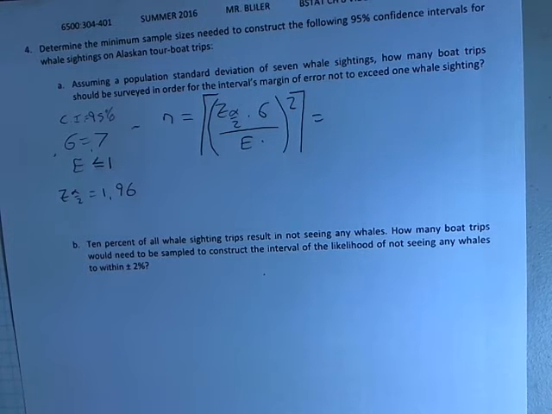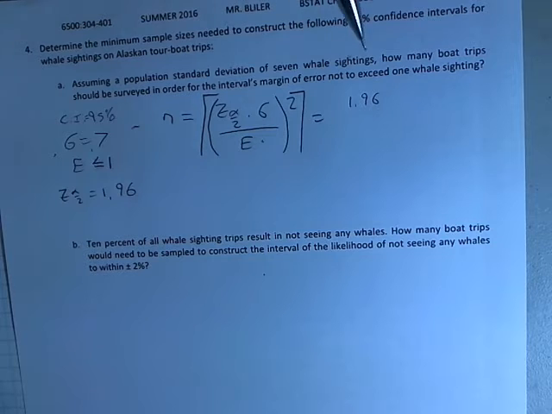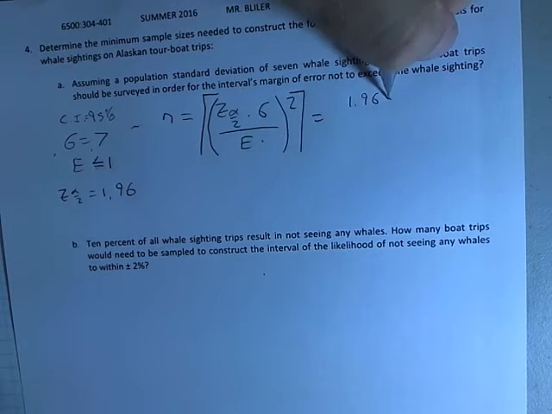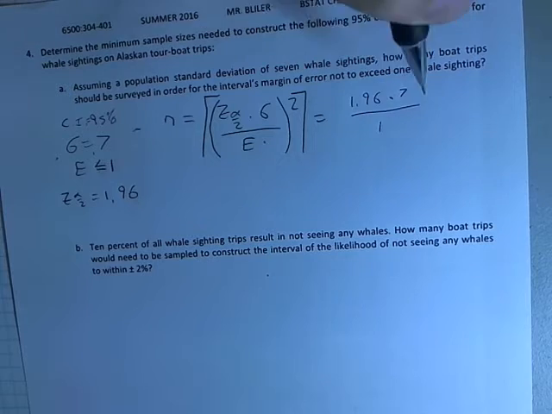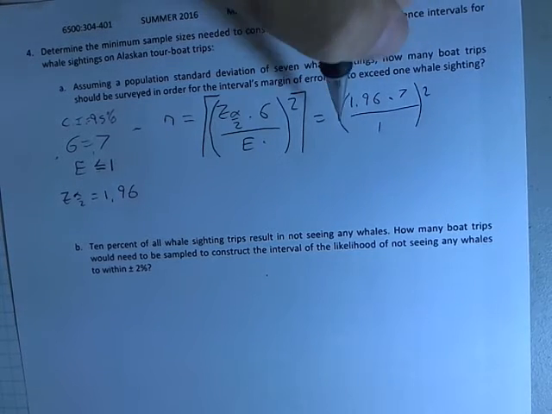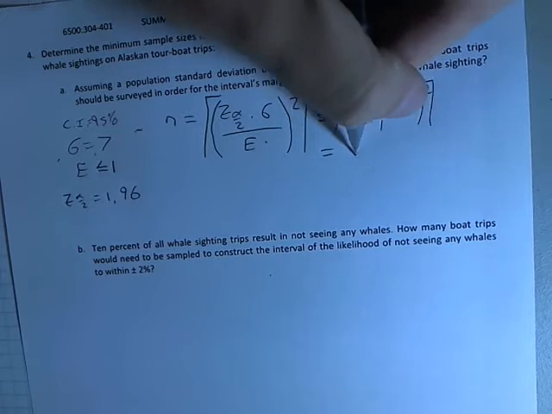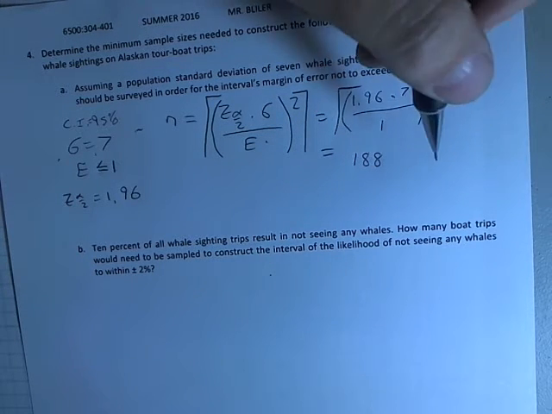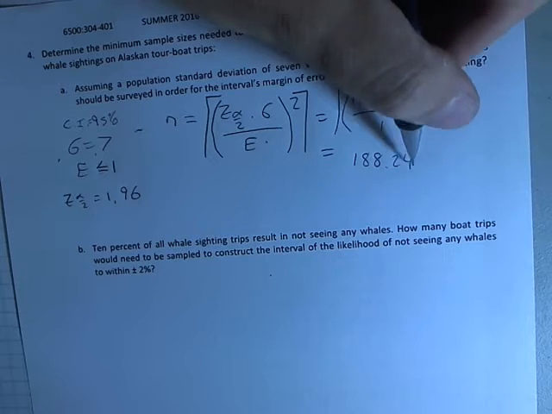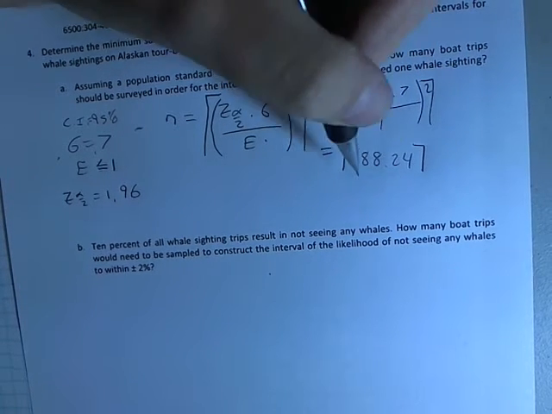So let's go ahead and populate this formula. Z is equal to 1.96, sigma is equal to 7, our target margin of error is equal to 1. We're going to square that result, then take the ceiling of it, and I'll go ahead and do that internal math, and that's going to give us a value of 188.24, which we still need to ceiling.